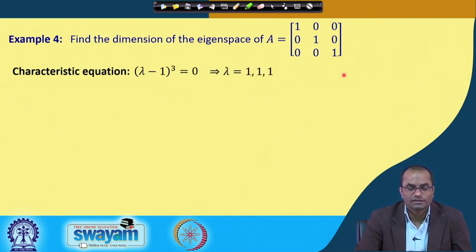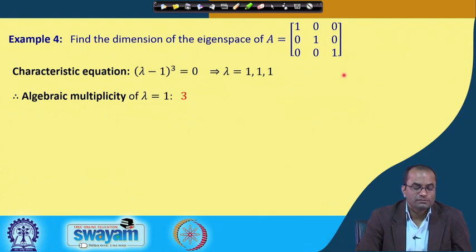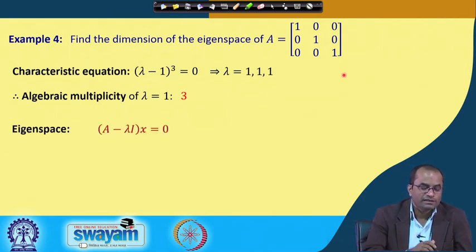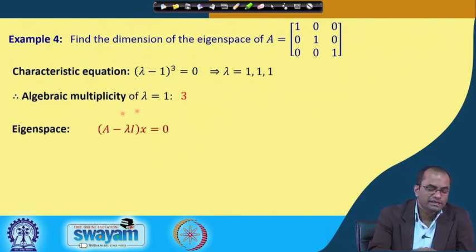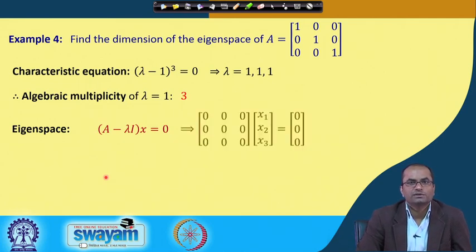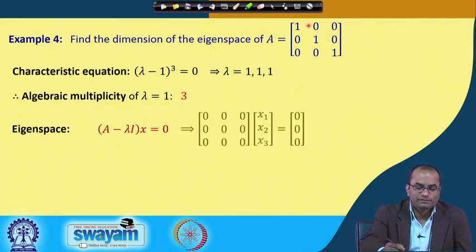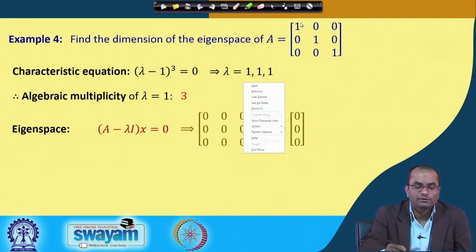Again we have 1, 1, 1, so the algebraic multiplicity of this eigenvalue is 3. If we compute the geometric multiplicity now, that is interesting. The eigenspace will be computed by (A minus lambda I) x equal to 0, and therefore we subtract this eigenvalue 1 from the diagonal entries.